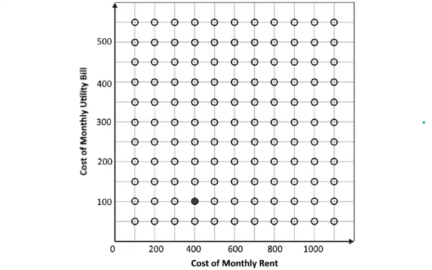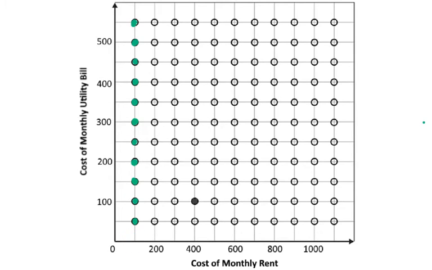Okay, now is there only two possible ways to combine those rent and utility costs? I want you to pause the video again and this time fill in any possible point that adds to less than $900 total. So you should definitely have the first column all filled in, right?